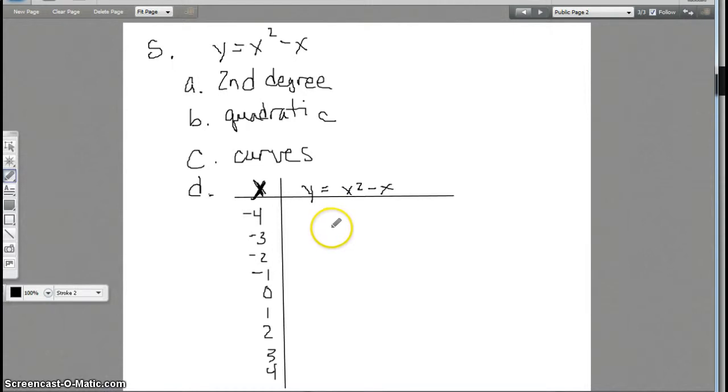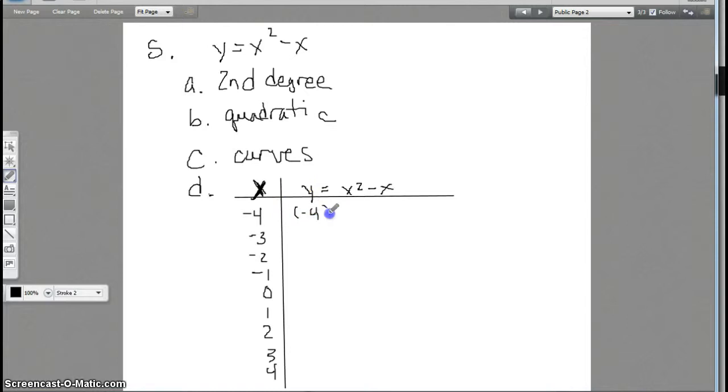And we need to figure out what our y values are given an x value. So they already told you which x values to use. We're going from -4 up to +4. And our equation is y equals x squared minus x. So what I'm going to be doing is plugging in this value that's given over here on the left into the equation in place of x. So I'm going to first use -4.